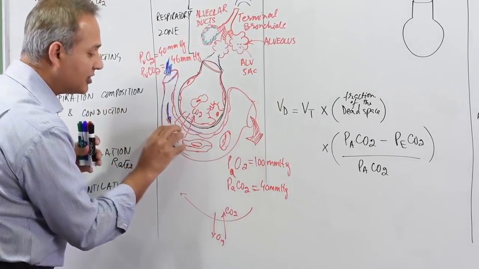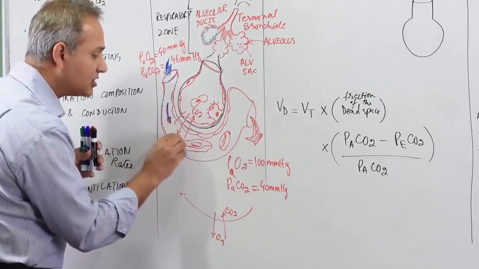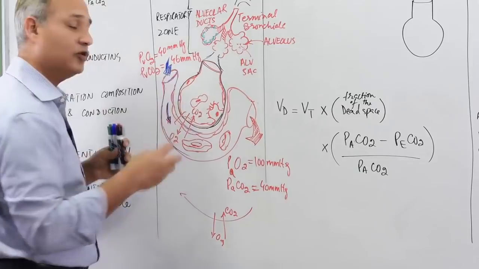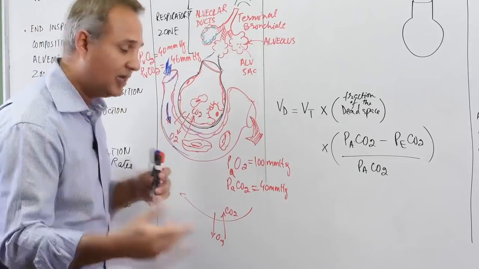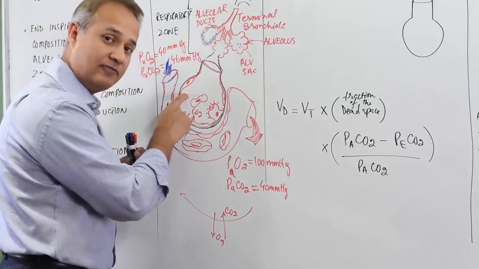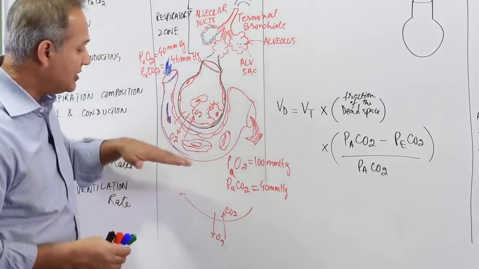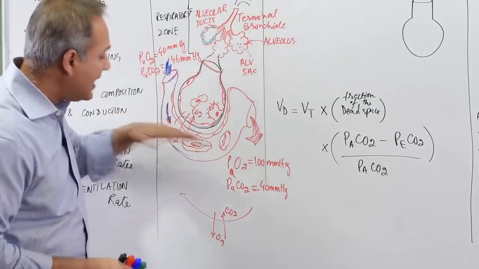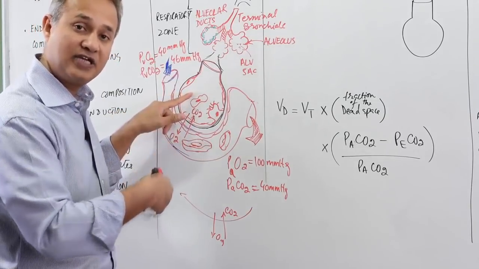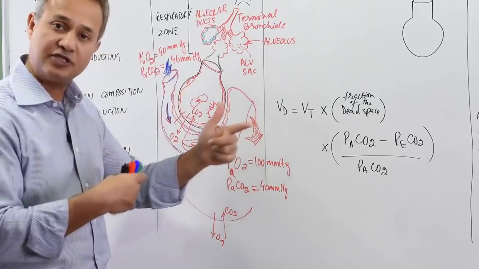So if the pressure is 40 millimeter here, then the pressure is going to become 40 millimeter in the gas inside the alveolus very quickly as well. If the pressure here is 50, then the PCO2 here will become 50 as well. So normally the pressure of carbon dioxide in the blood is assumed to be the same as the pressure of carbon dioxide inside the alveolus, and vice versa.